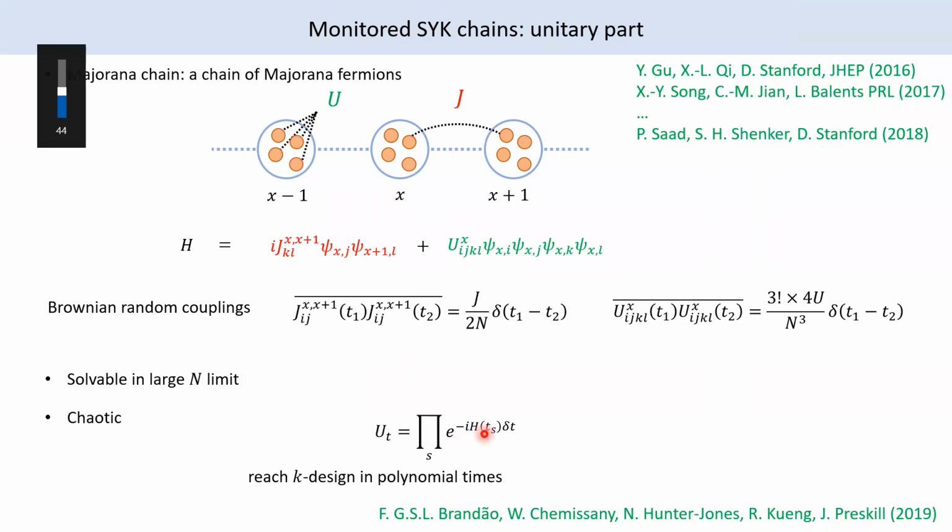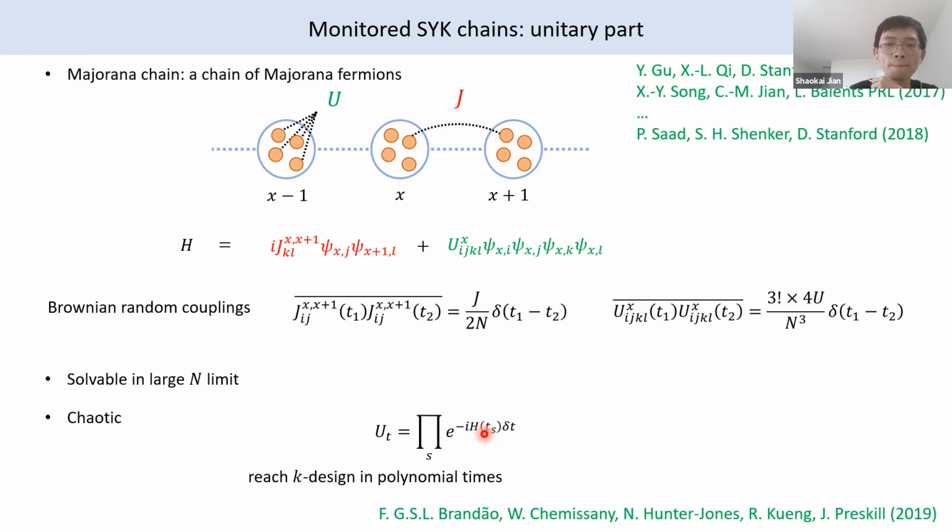Is this SYK in that you're going to average over these U's? That's right. And X refers to what? You've got the IJKL indices, and you also have X indices. X is the site. I have a chain, and I label the site by X, and these are independent variables from different sites. But aren't IJKL also the site?